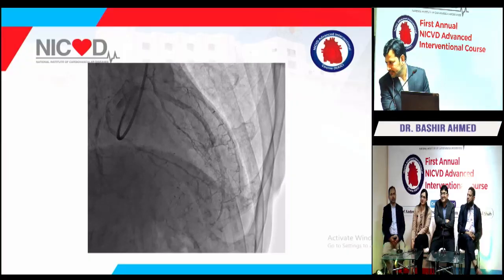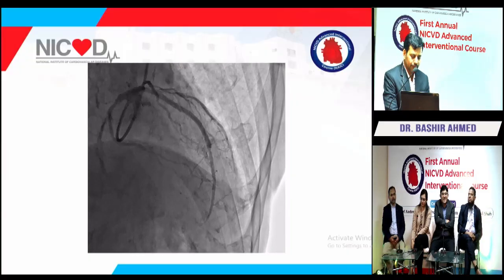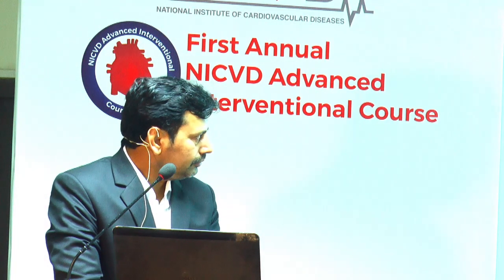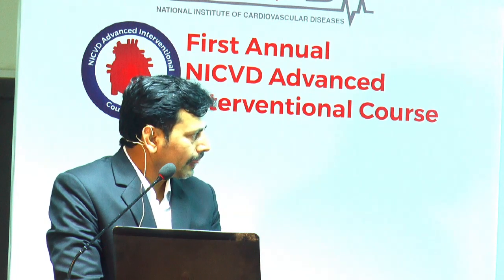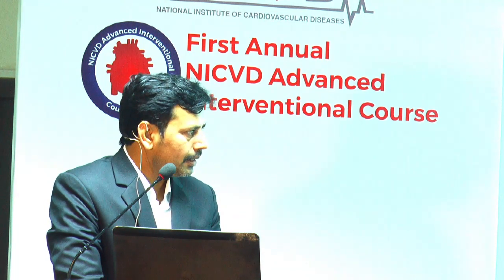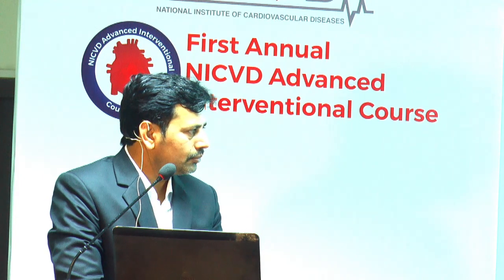Okay, so for CTO opening, the most fundamental or pivotal thing is planning. First of all, you should have a good quality angiogram with dual injection, and the quality of the angiogram should be excellent. You have to plan accordingly.